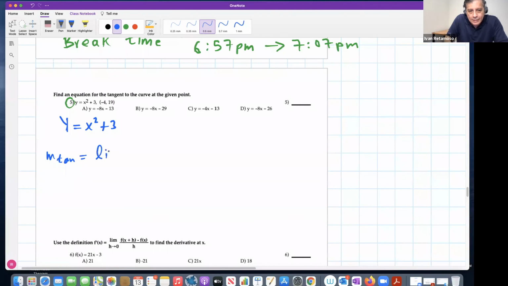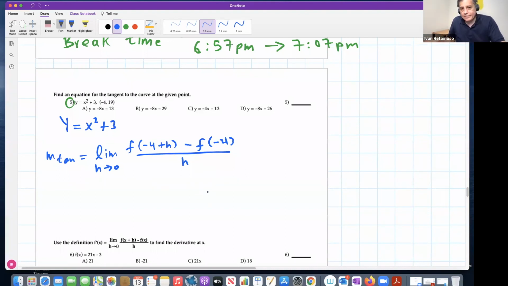This way: the limit as h approaches 0 of f of the base point, negative 4, plus h, minus f evaluated at negative 4, all over h. This will give you the slope, and with the slope and the point (-4, 19), you can compute the equation of the line. Go ahead.